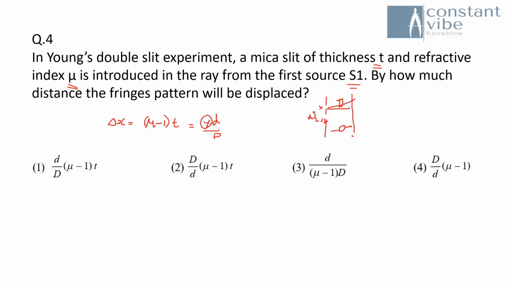So y is equal to mu minus 1 into t by d into capital D, where d is the slit separation. That is the answer, option 2.